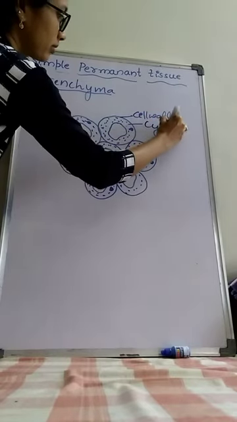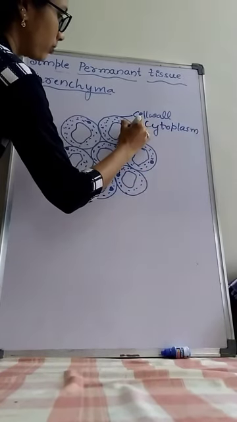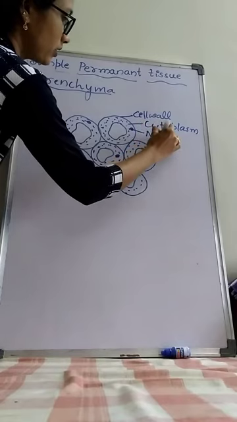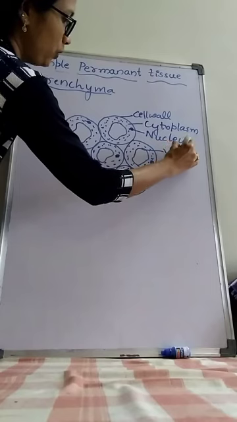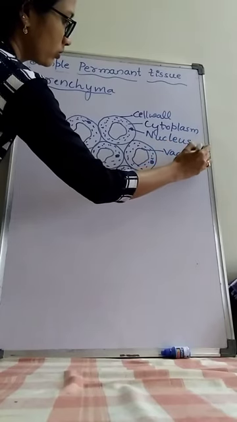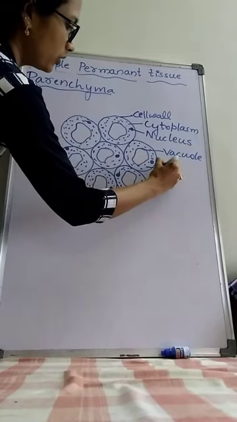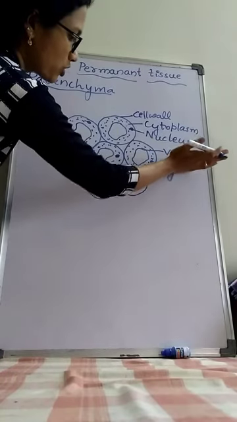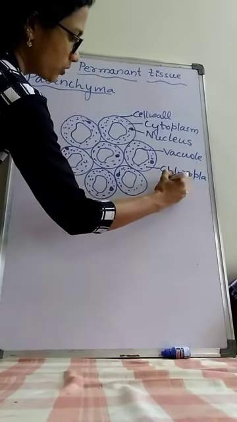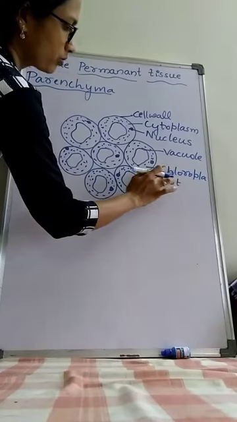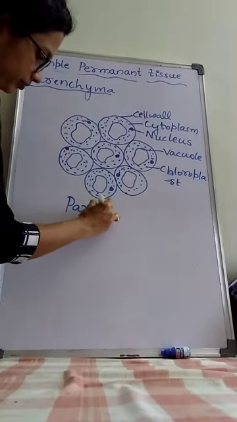Then nucleus, vacuole, and here chloroplast is present. This is the structure of parenchyma.